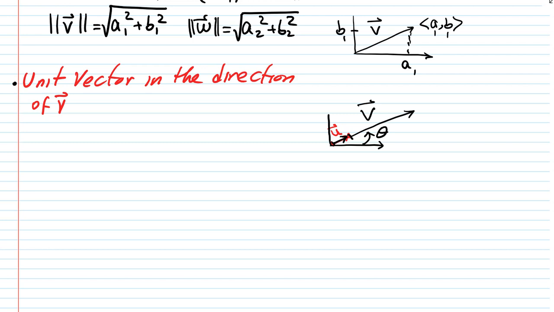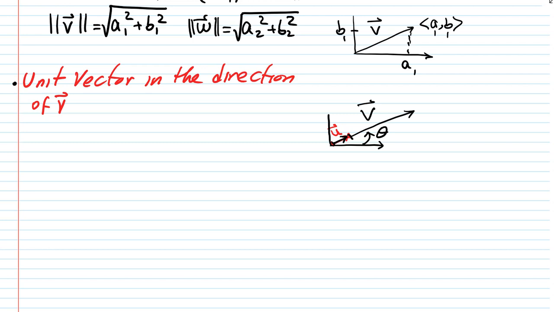Call this a unit vector in the direction of v. And we can decompose vector v into horizontal and vertical components. This would be a horizontal component of v, and this would be the vertical component of v, just like I had before. The difference now is that I managed to fit in a unit vector on that.